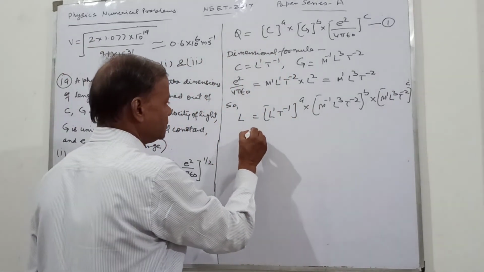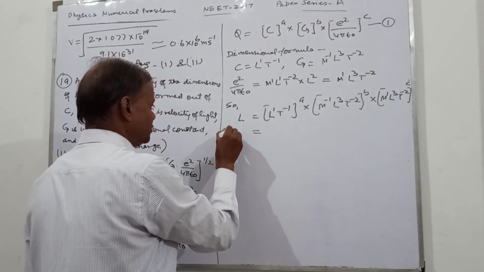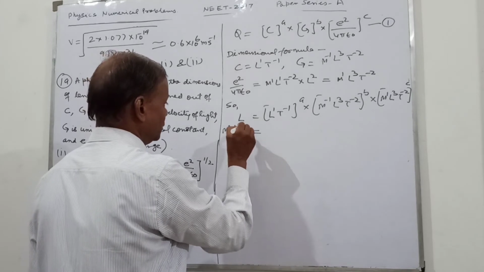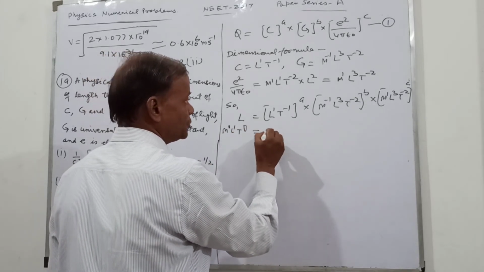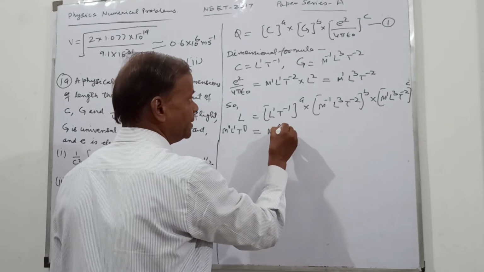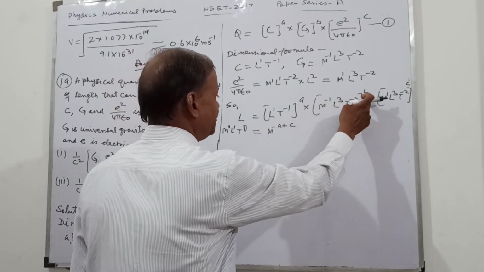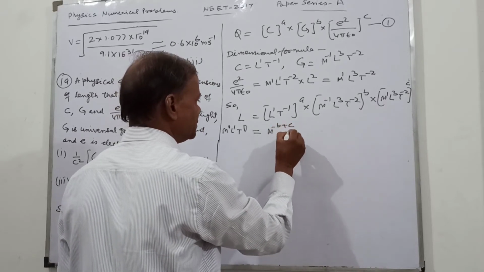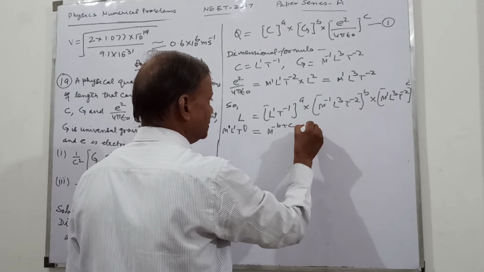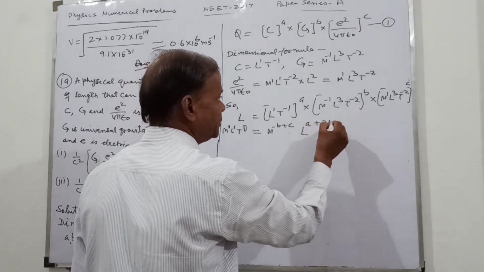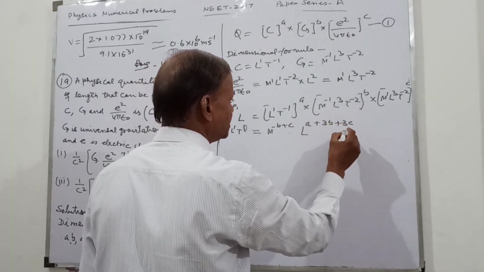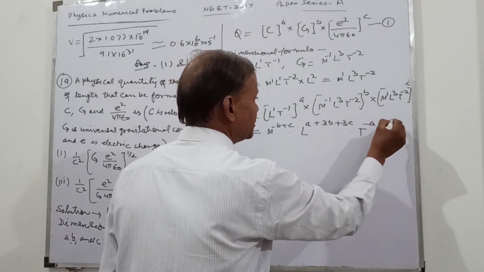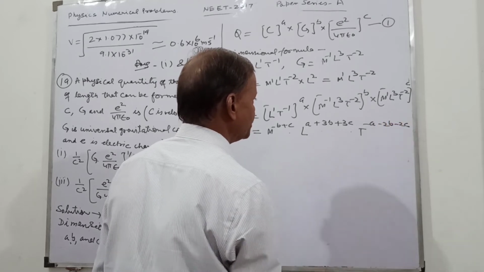So now what we have is M0 L1 T0. So for M, this is a minus b plus c. Sorry, this is not a, it is minus b plus c. And for L, this is a plus 3b plus 3c. And for T, this is minus a minus 2b minus 2c.